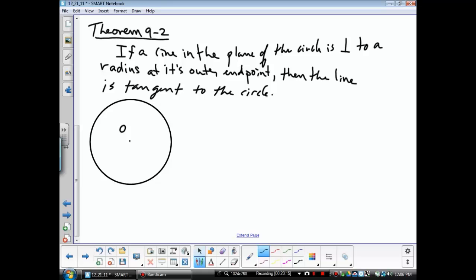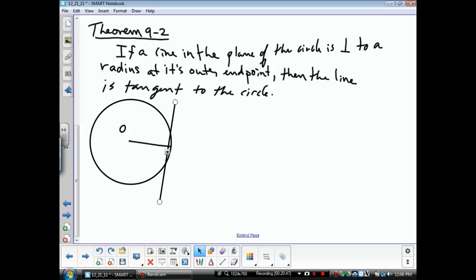Now, what we want then is a radius. And we want a line that's perpendicular to the radius at its outer endpoint. So, we want a line that is perpendicular to the radius there at its outer endpoint.